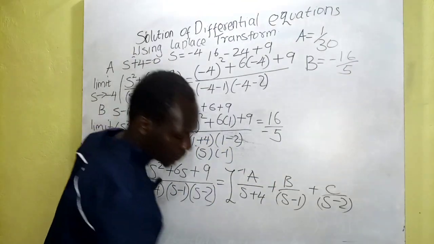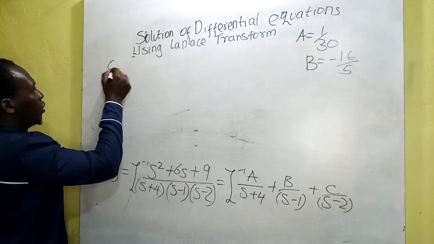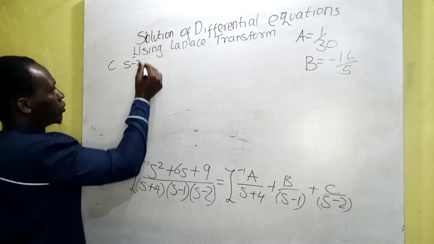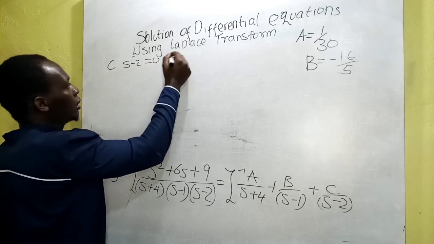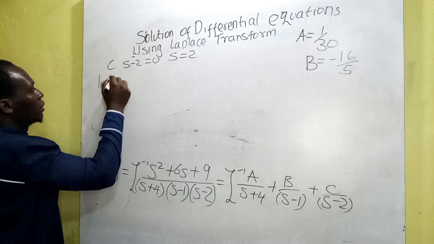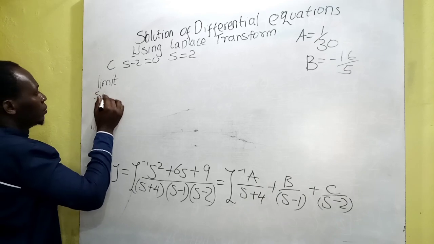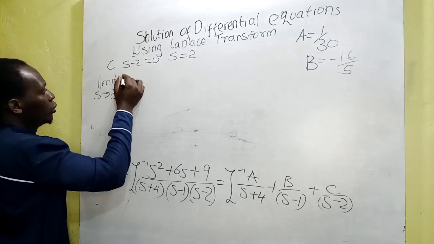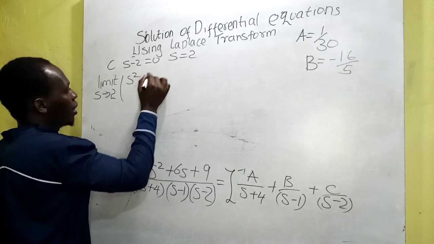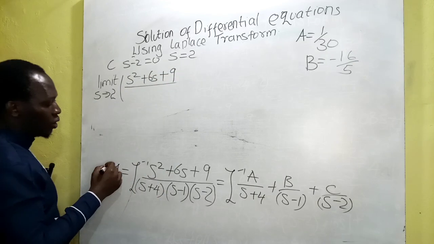Let us now get the value of c. For us to get the value of c using the cover-up rule, s subtract 2 is going to be equal to 0, to mean that s is equal to a positive of 2. Limit of the term of s approaching a positive of 2 into s squared, we add 6s, we add 9, everything is going to be all over.